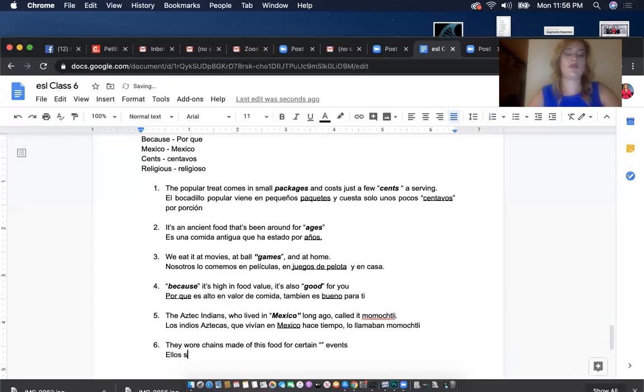Ellos se ponían cadenas hechas de esta comida para algunos eventos y tenemos que decidir qué tipo de eventos.